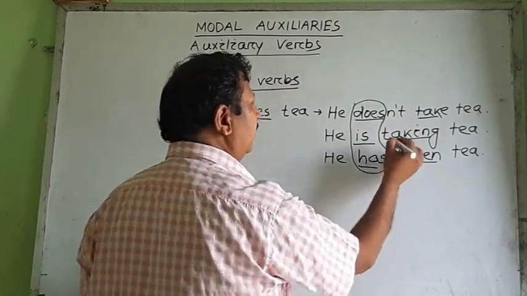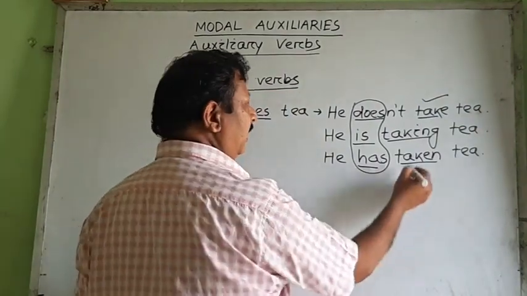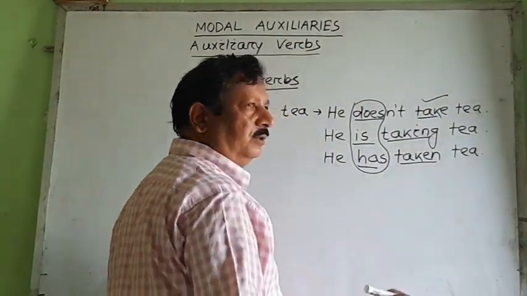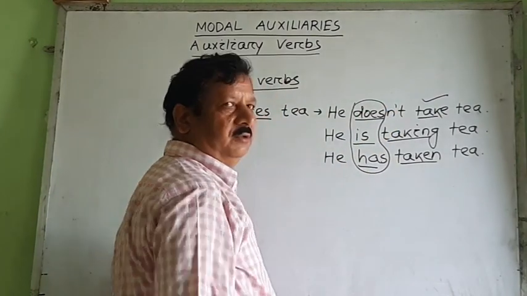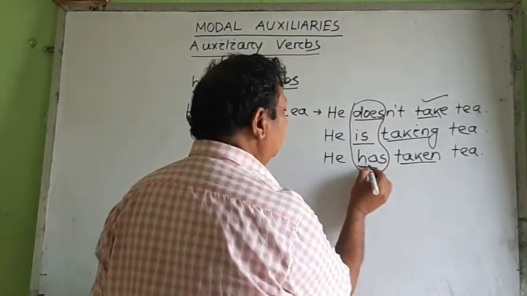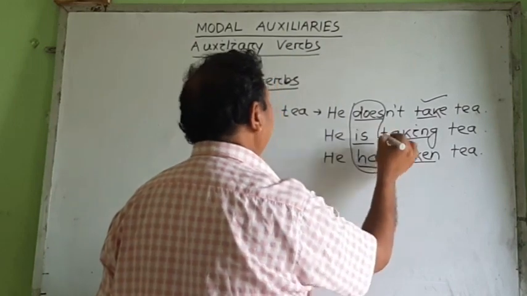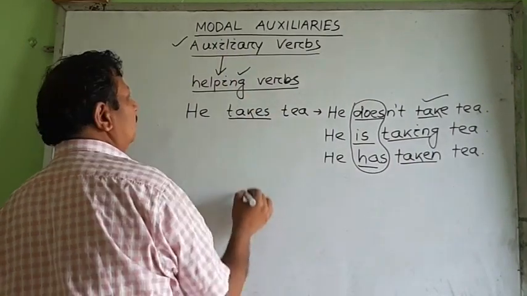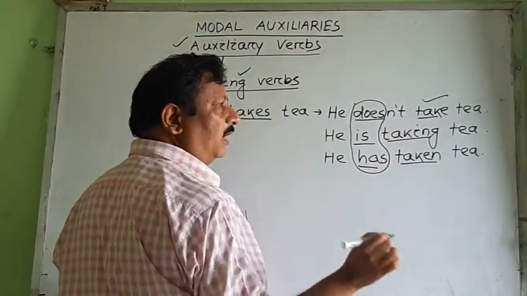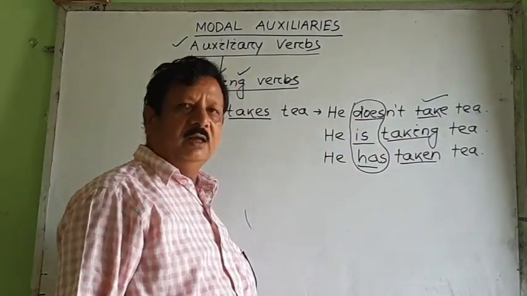These verbs help the main verb take. And the main verb also changes according to the auxiliary verbs or the helping verbs. Here they are used just to help the main verb, so that is why they are known as the helping verbs. So auxiliary verb means the verbs that help the main verb are called the auxiliary verbs.